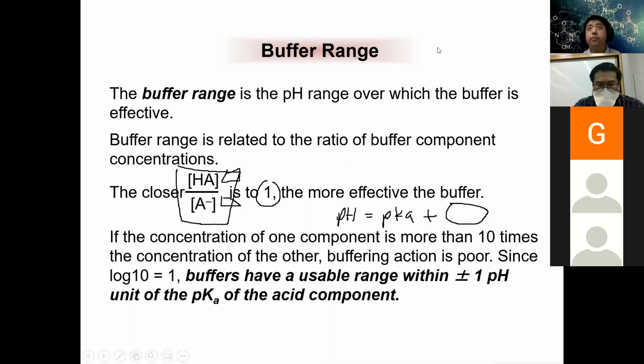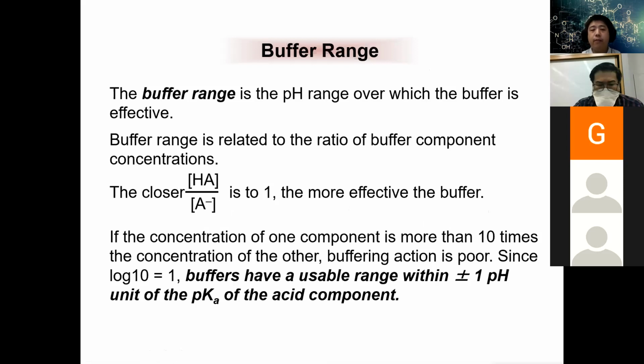Okay. So we can actually make buffers. And the way we go ahead and make a buffer is I find an acid where I want the pH number to be close to. Let's say I want the pH to be, making up a number here, 5, okay? I want to find some kind of weak acid with a pKa close to 5, usually plus or minus 1 pH worth.